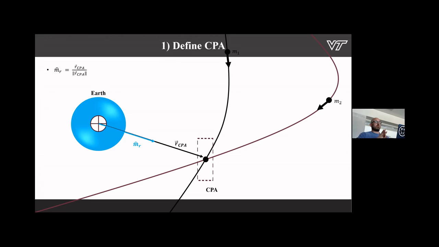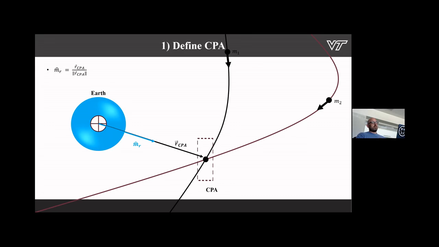If you're familiar with the literature, one term they use is close approach. That's a legacy of the pilots; it's a term used in aircraft. I find that to be vague, so I like closest point of approach because it clearly defines where the closest point will be. So I just like that term better.